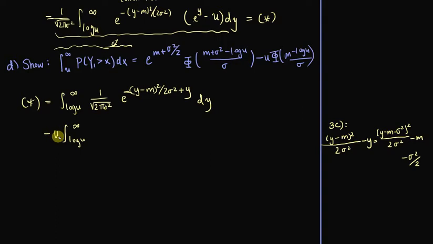So you have minus u here, integral from log u to infinity of 1 divided by square root 2 pi sigma squared. And again, we have e to the minus y minus m squared divided by 2 sigma squared dy.